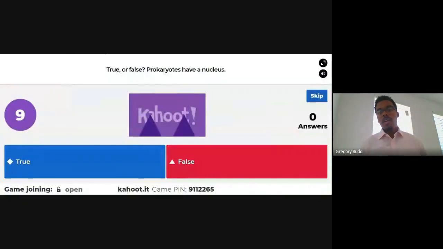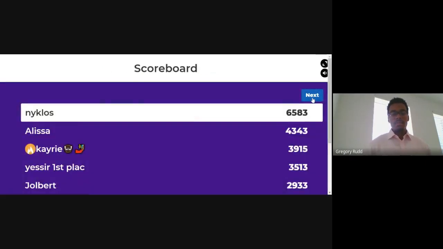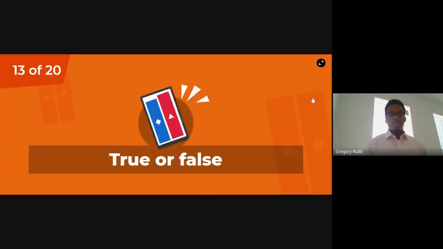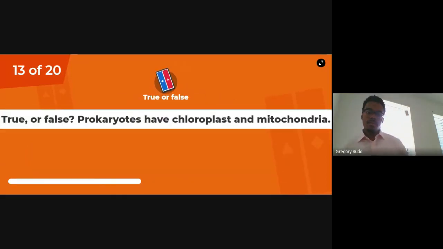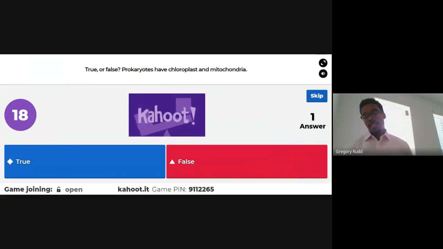True or false? Prokaryotes have a nucleus. Good, that's false. Prokaryotes do not have a nucleus. Do prokaryotes have chloroplast and mitochondria?